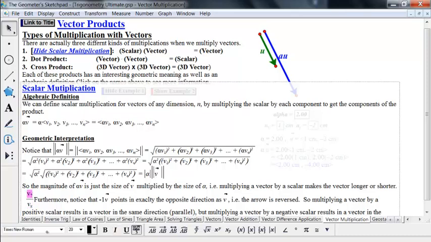We want to multiply that by alpha, so we multiply the x and y components by alpha. That reduces to the same thing.